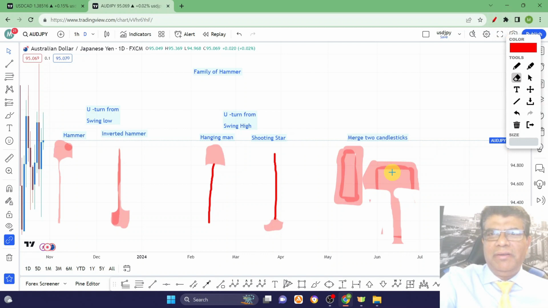Bring this part here, if I bring it right here, let's say, okay, and the wick is low.